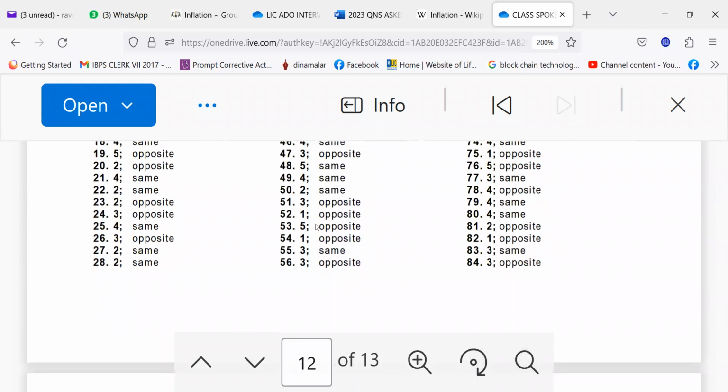See, actually, how many marks are you getting? 1 mark for all right answers and 0.25 negative mark for wrong answers.